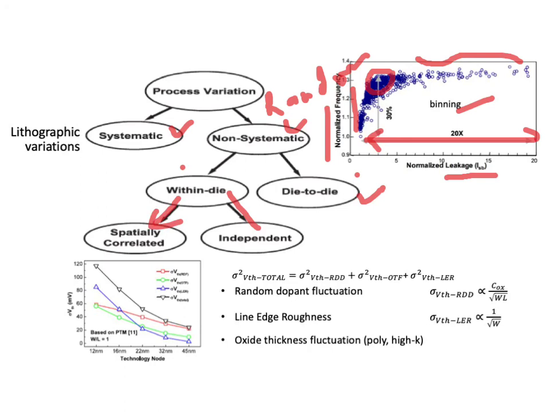That are those that are spatially correlated, and these tend to be variations that arise from highly patterned structures. So you can think about them as maybe the decoder logic in SRAM circuits or RAM circuits, the digital decoder logic, or any kind of very repeated regular structures, which could tend to suffer from spatially correlated variations.